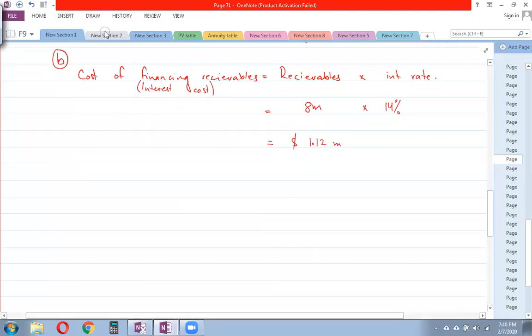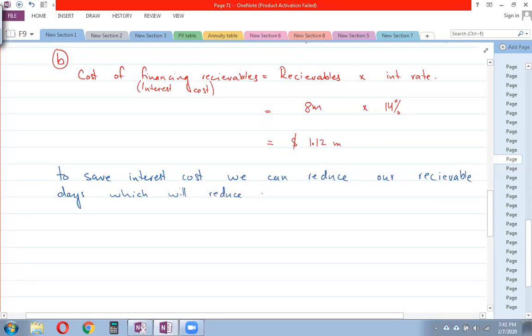So let's write something. To save interest cost, we can reduce our receivable days, which will reduce receivable balance.